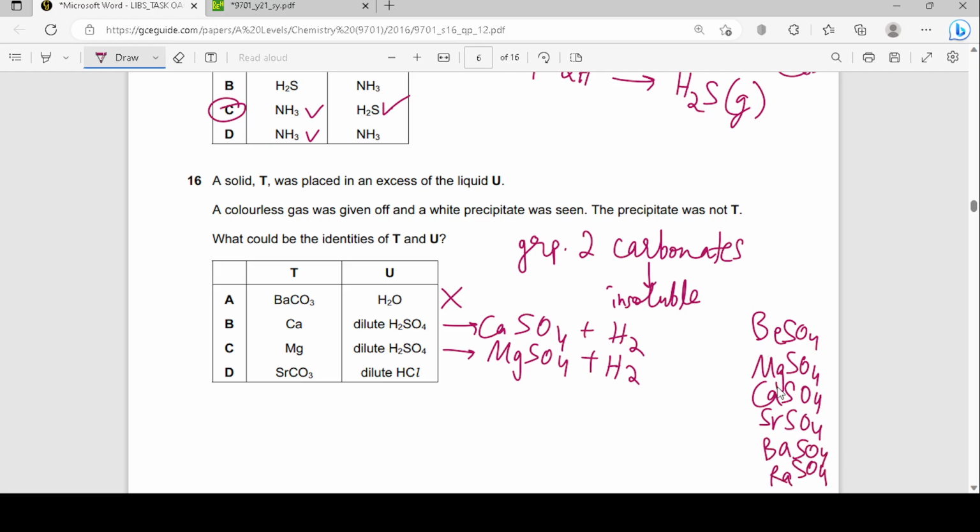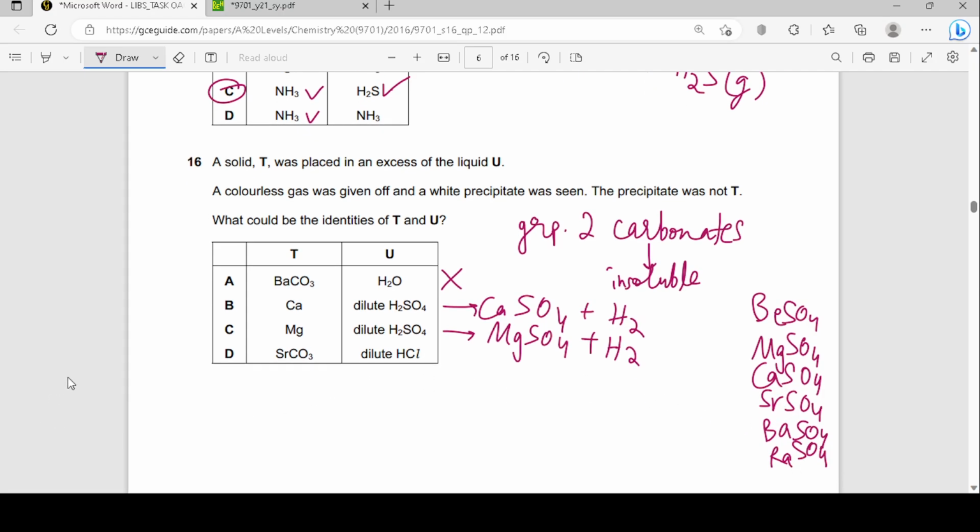The solubility of the sulfates decreases down the group, which means that MgSO4 is soluble in water, whereas CaSO4 is only very, very slightly soluble in water. The ones below it, like SrSO4, BaSO4, RaSO4, are basically insoluble. But MgSO4 is quite soluble in water.